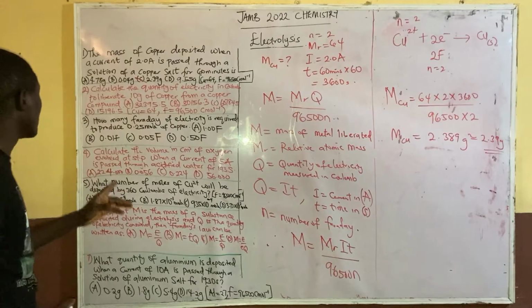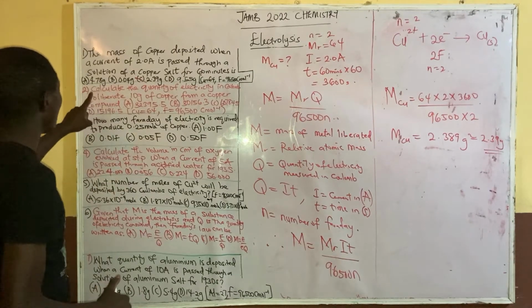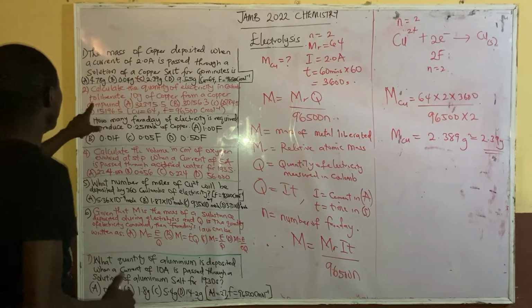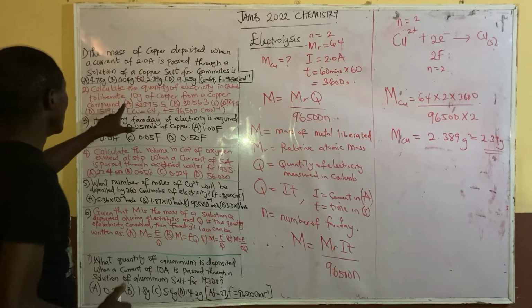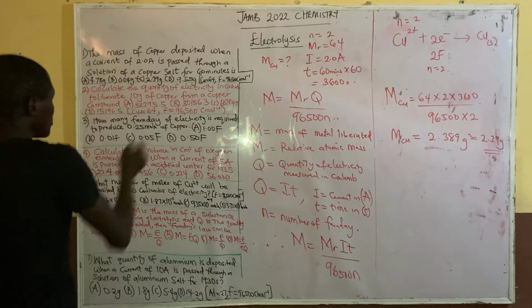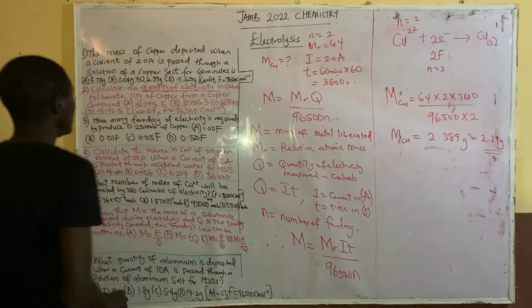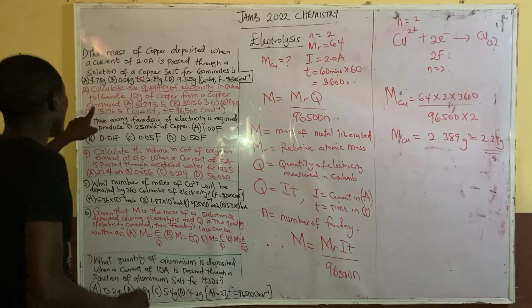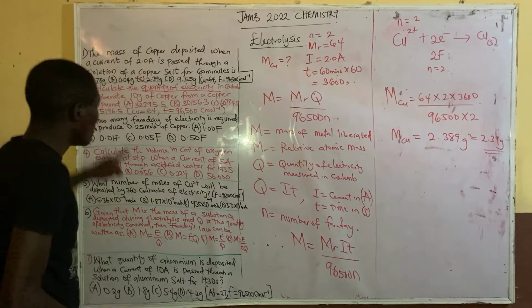My second question says: calculate the quantity of electricity in coulomb to liberate 10 grams of copper from a copper compound.